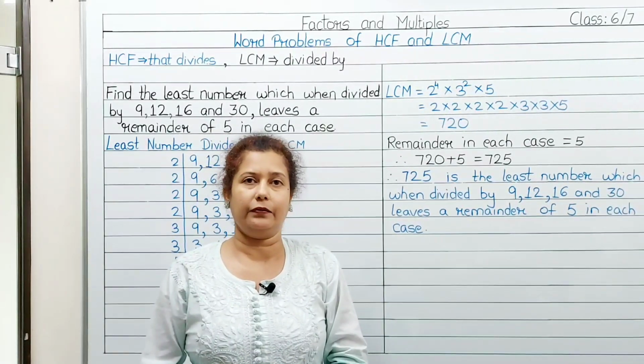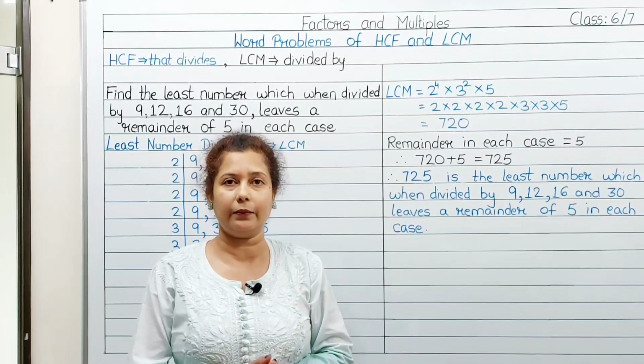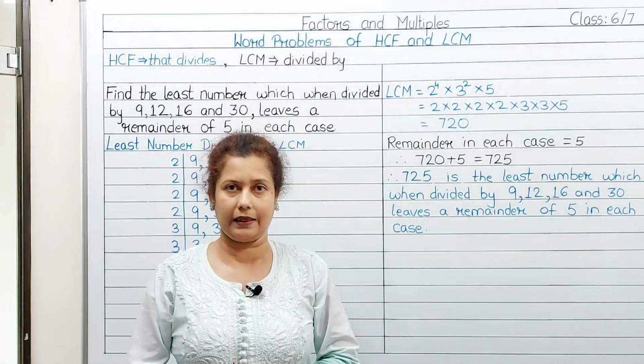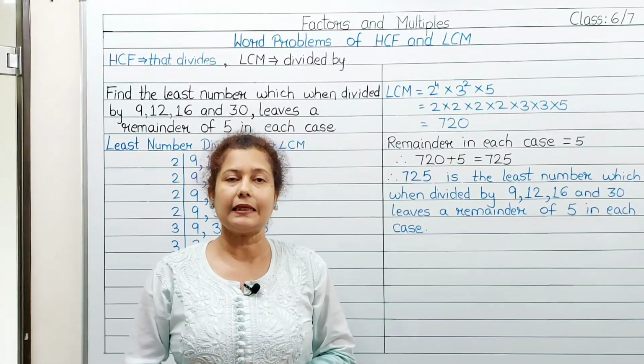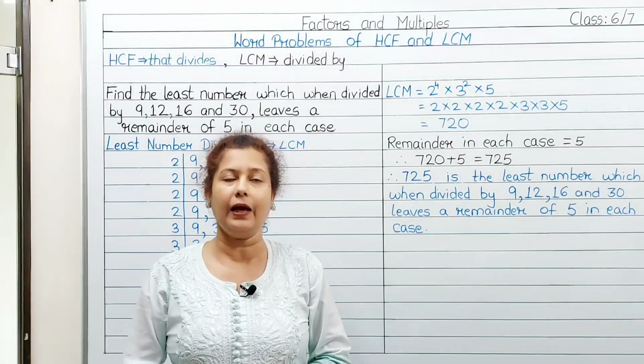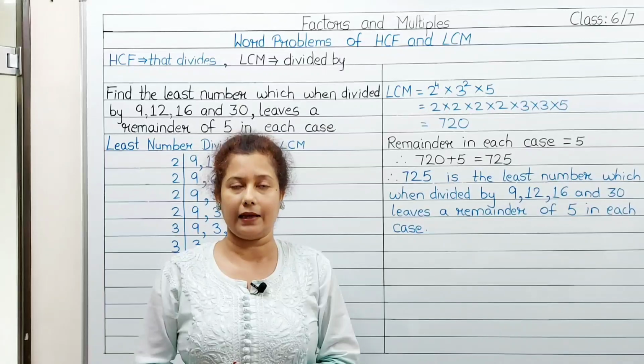In HCF, if remainder is given, we have to subtract that remainder from the given numbers and then we have to find HCF. Whereas in LCM, first we have to find the LCM and then we have to add that remainder in that LCM.